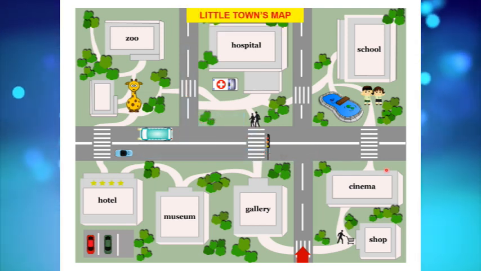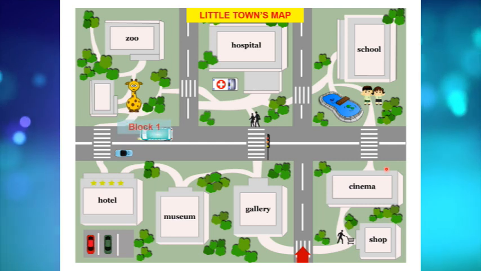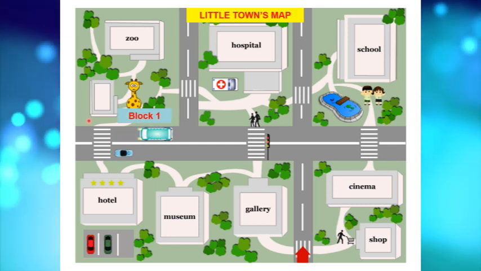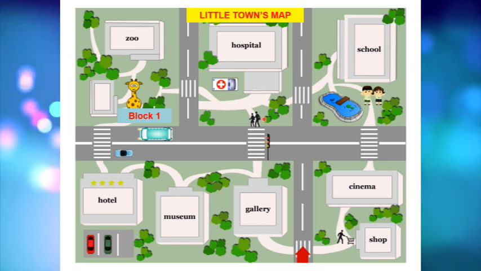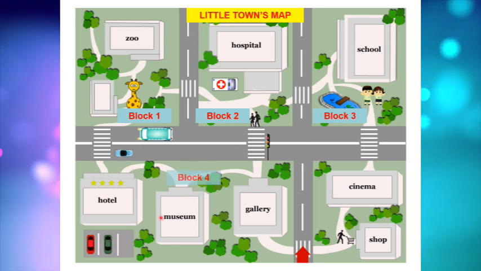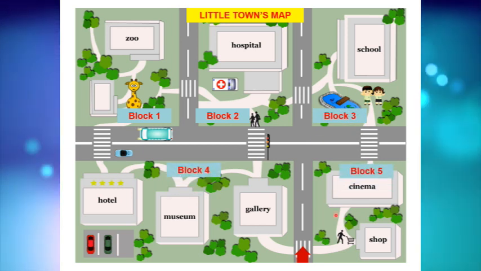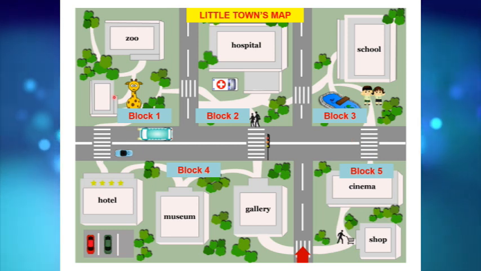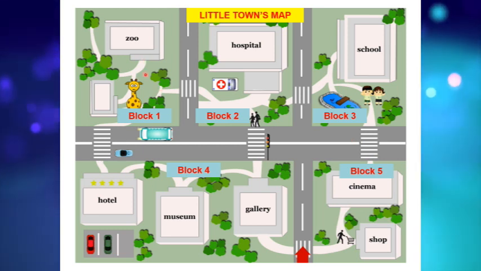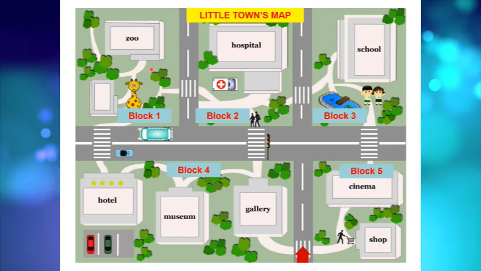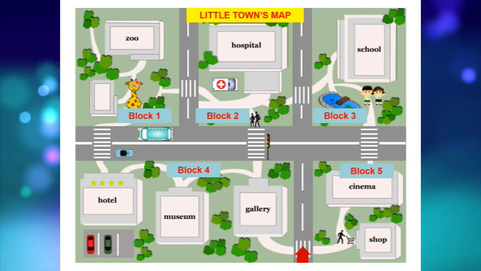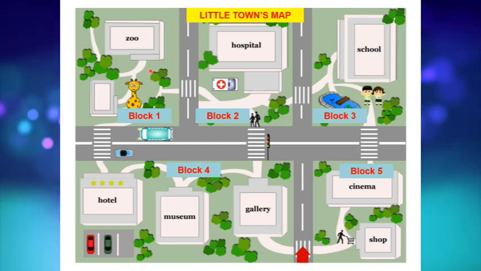Let's move on to the next little town's map. So in the map we can see this called block. We have block 1, block 2, block 3, block 4, and block 5. In each block we can see buildings, or establishments, or places of destination.